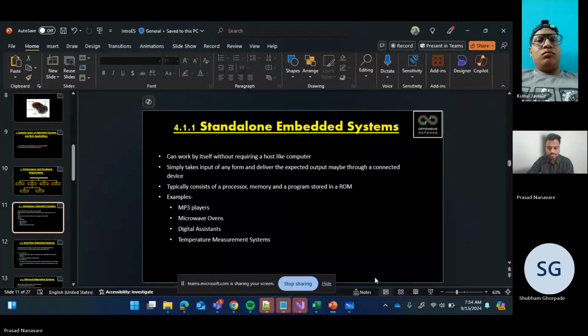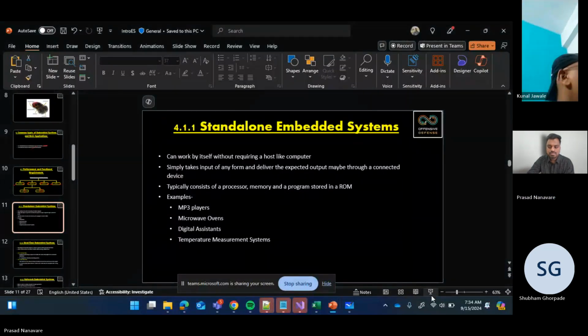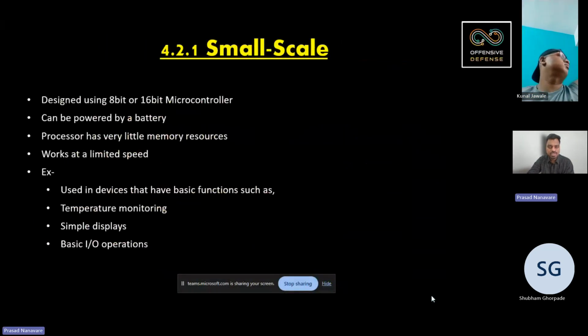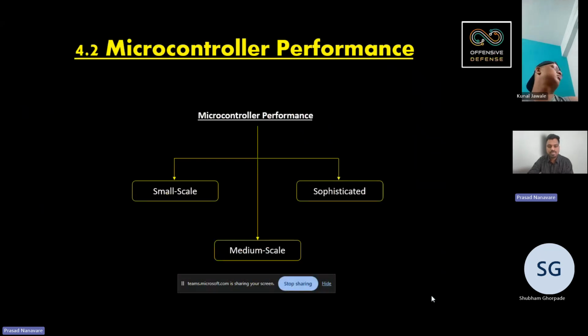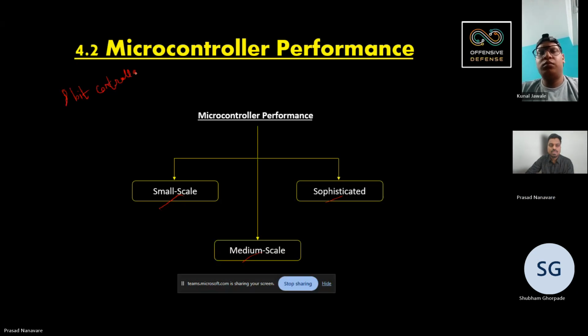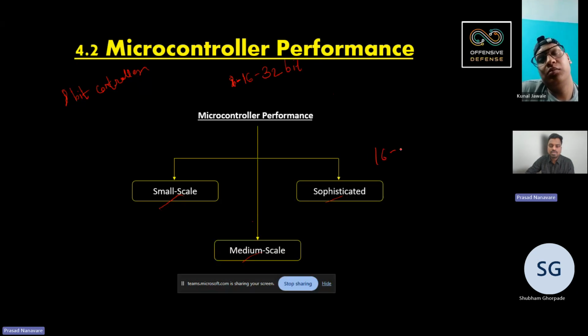Then we saw all the types. Microcontroller performance is based on small scale, mid scale and large scale, like sophisticated. In small scale, 8 bit controllers will be used. In medium, 8 and mostly 16 or 32 bits will be used, and a similar sort of thing happens in large scale.